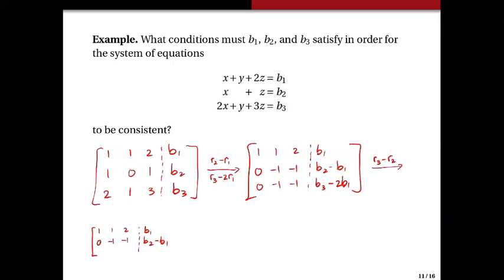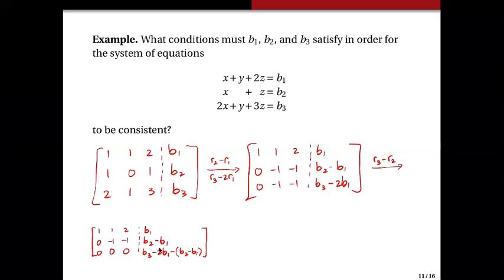For R3, we do R3 minus R2. So 0 minus 0, this is 0. Negative 1 minus negative 1, again 0, and again 0 here. And then in here, you will have B3 minus 2B1 minus quantity B2 minus B1.